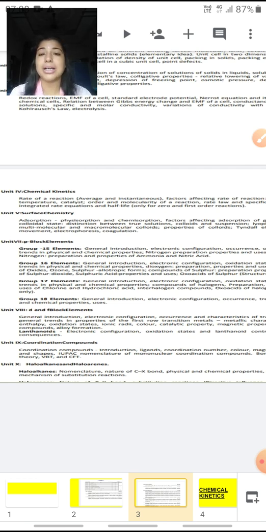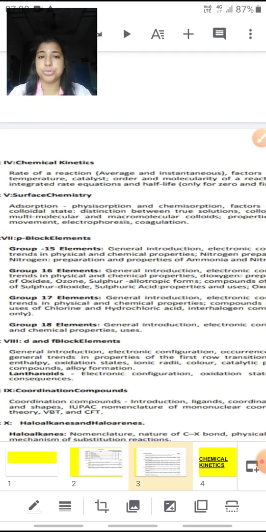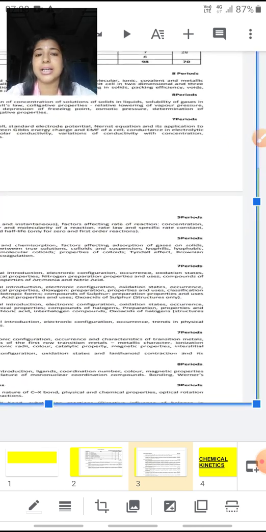Now in chemical kinetics, the topics that we have to study are the rate of reaction. Two types are there, average rate and instantaneous rate. Next are the factors affecting the rate of chemical reaction.